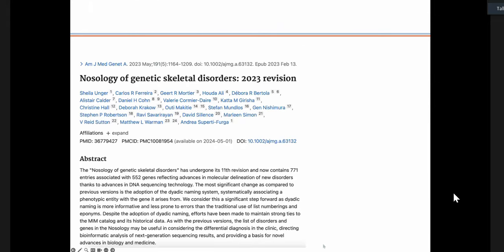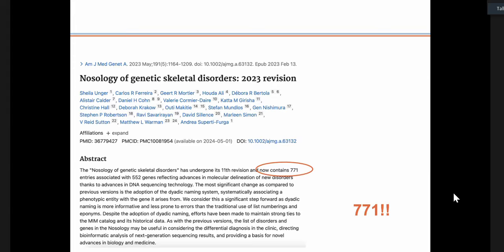Okay. So in the latest publication, which was 2023, of the International Skeletal Dysplasia Group, the nosology that comes from that group every 5 years or so, the 2023 revision actually identified 771 different skeletal dysplasias associated with 552 genes.